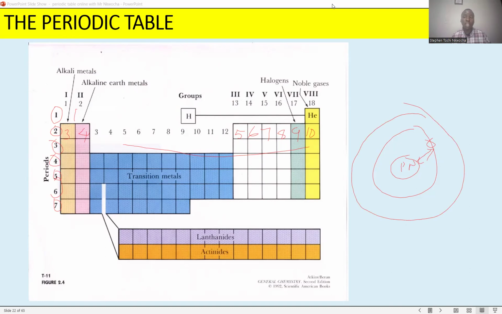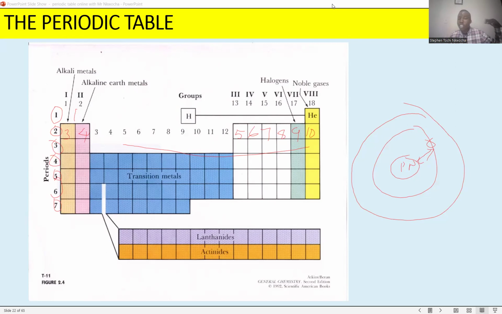Isn't that what atomic radius is telling you about? Radius in math is from the center to the circle, to the circumference. So down the group, the number of shells increases. Can you see? But across the period, it is the atomic number. Can you see the two differences?